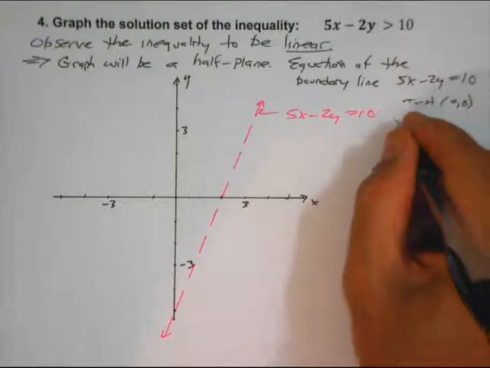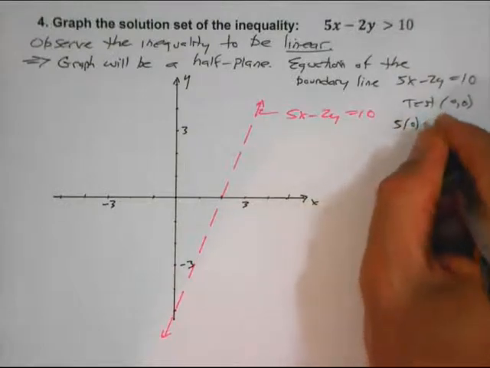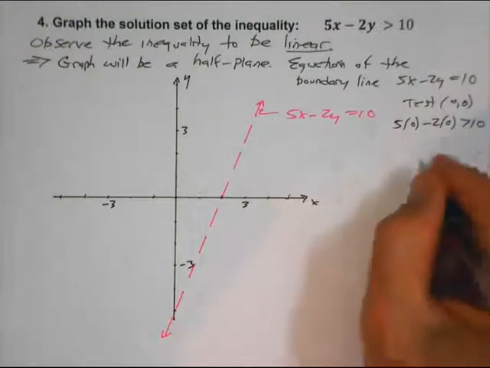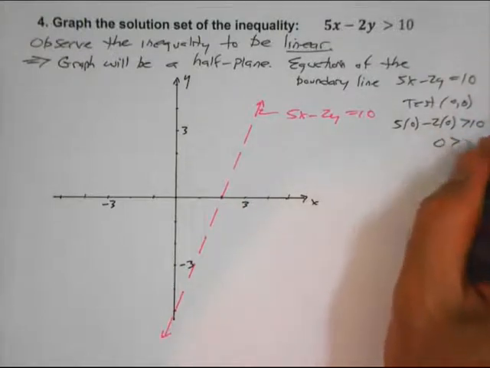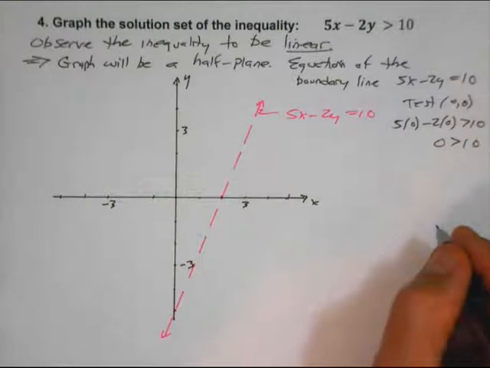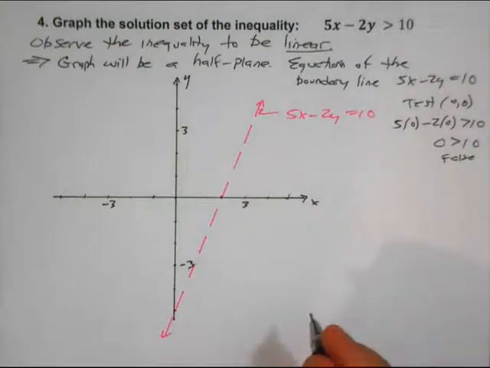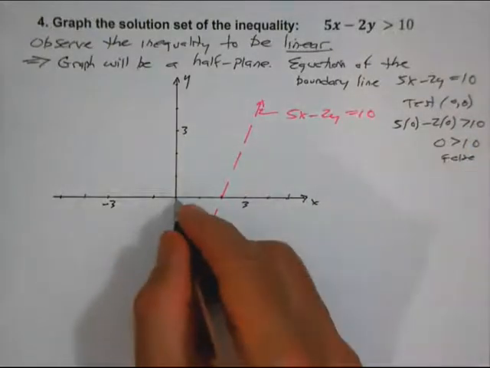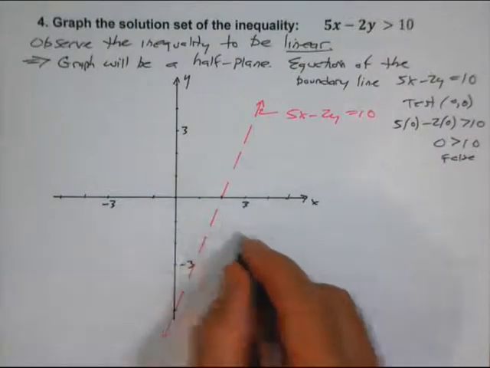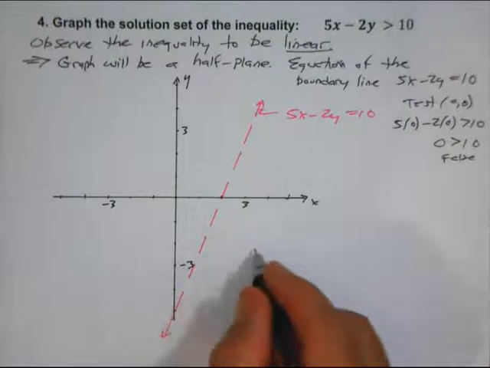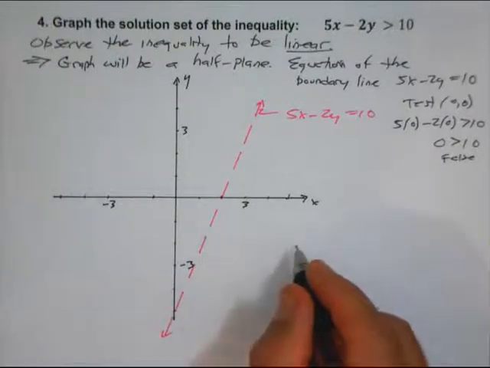So we have 5 times 0 minus 2 times 0 greater than 10. That simplifies to 0 greater than 10, which would be false. Since that's false, that tells us that 0, 0 is not a solution, and that it's this side of the line that the solutions exist on. Our half plane is over here.